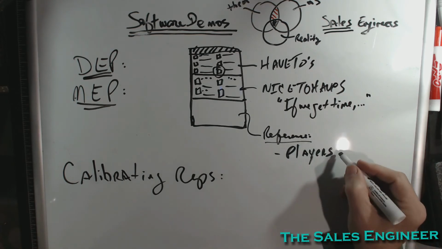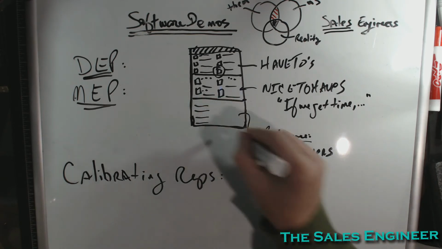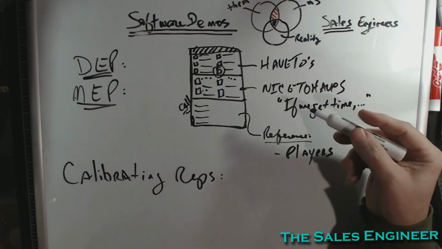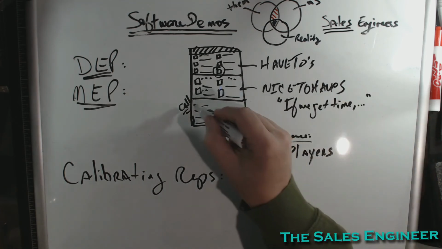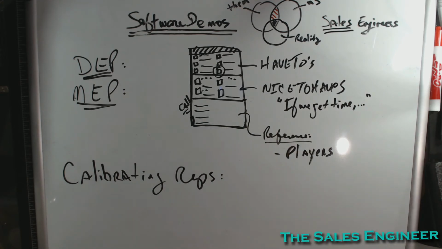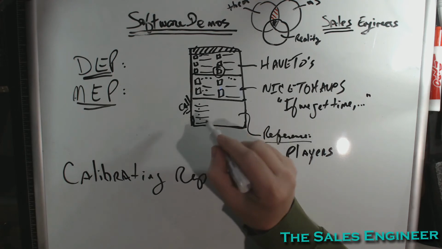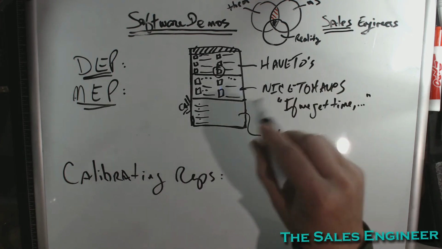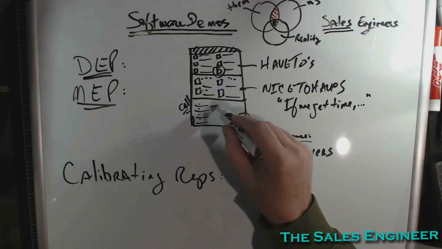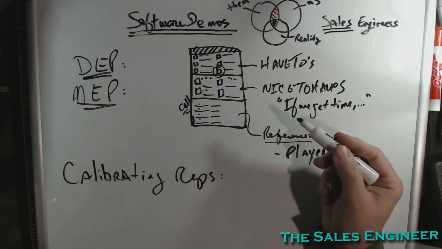So the players are, I leave empty for who's on the call. Maybe we don't know live who everybody is, but we jot them down as we go. Or if I'm up at the front where I usually am, I'll have my rep fill in these blanks with who the people are in the room. And maybe he'll already know their emails or their phone numbers and such. But at least we can look that up later.